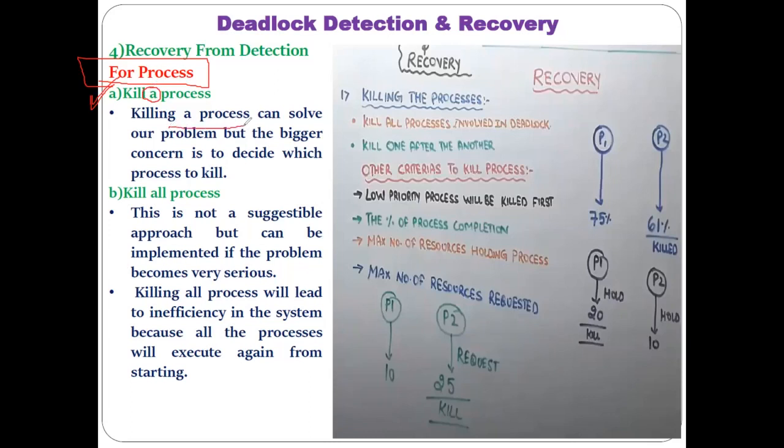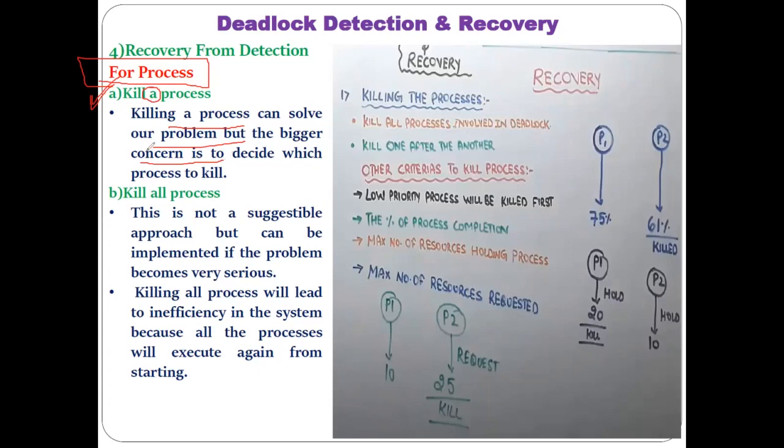Killing a process can solve our problem, but the problem is that when the deadlock occurs, multiple processes are there in the system. Then out of those multiple processes, which process is to be killed first? That is the most important decision to be taken at this level.